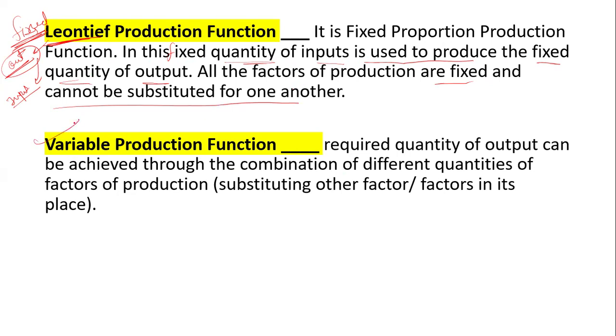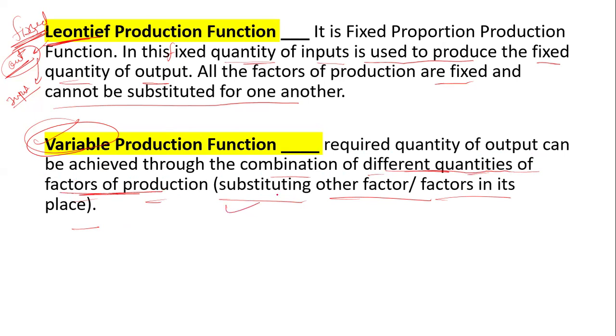What is a variable proportion production function? A required quantity of output can be achieved through combinations of different quantities of the factors of production. They can substitute for other factors, one factor in place of another. Variable means the factors vary, there are different quantities of factors of production.